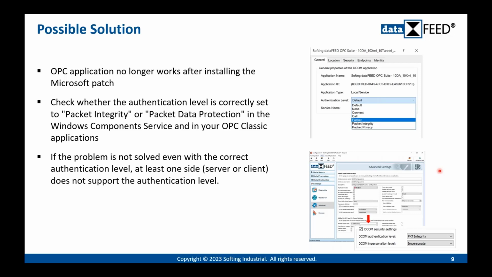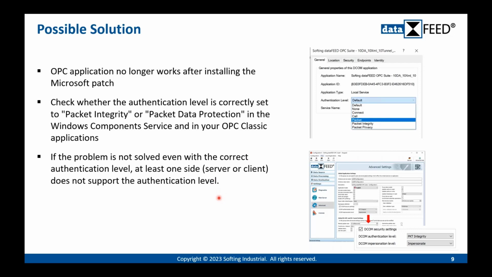So after installing this last patch, you will no longer be able to have a DCOM connection with an authentication level lower than packet integrity. So default none or connect will no longer work. In this case, you must find another solution.